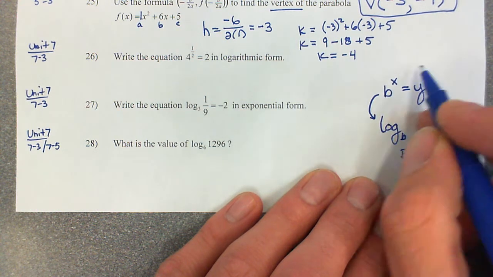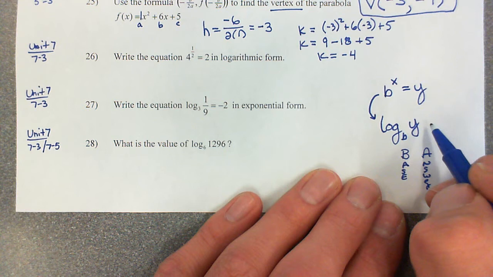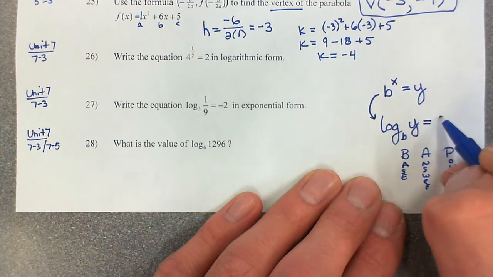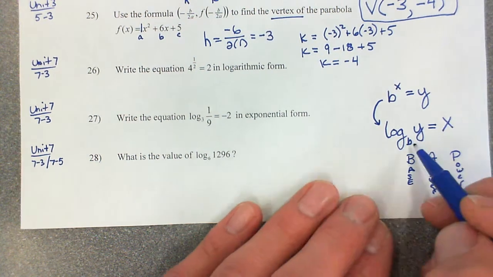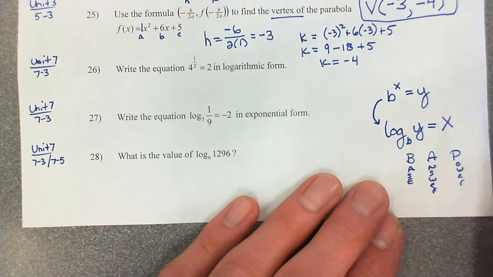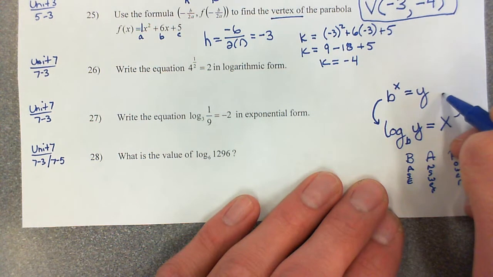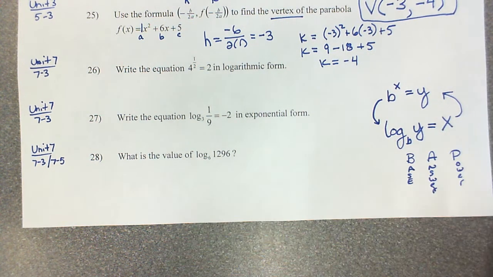Then your answer to this, which would be your y, is what you're taking the log of, equals a power, which in this case is x. So a log is equal to a power. Let's go base, answer, power. And then if you want to go the other way, you just rearrange the other way. This is your base, this is your power, this is your answer.